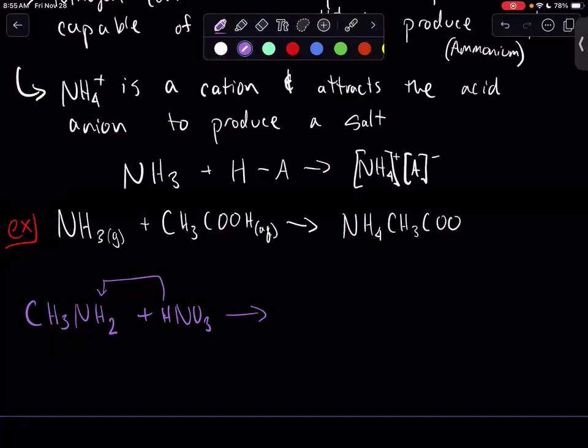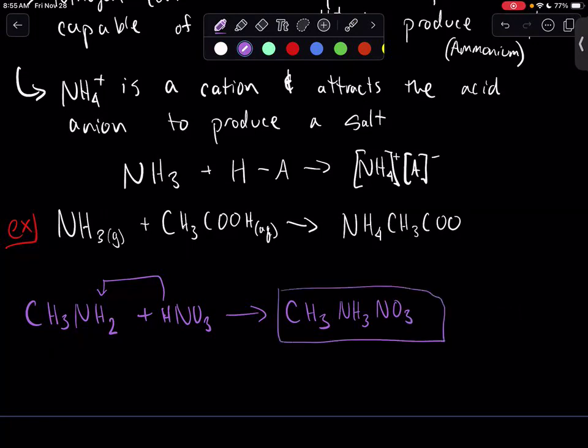It's going to turn that into ammonium, still bonded to the hydrocarbon group. And we're going to have CH3NH3, and that'll be positive, which then attracts the nitrate, NO3. And so we're going to end up with this salt between the electrostatic attraction of our ammonium and our acid anion.